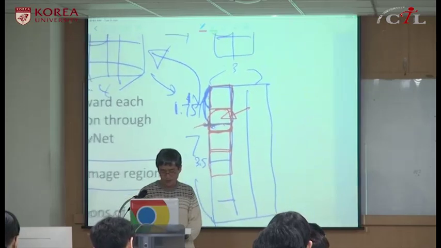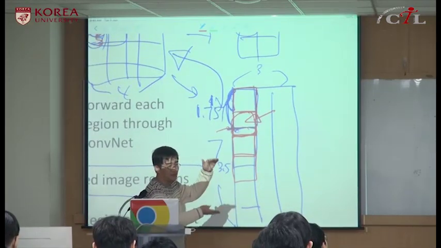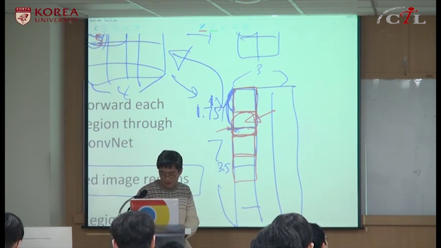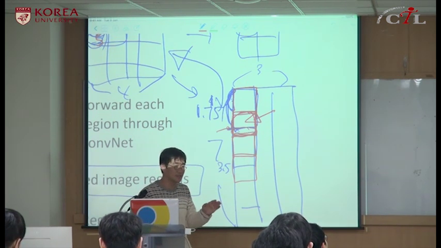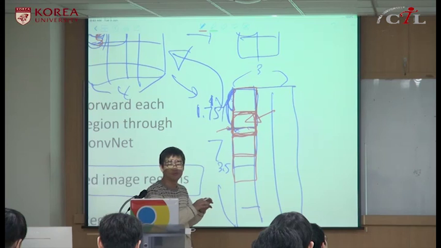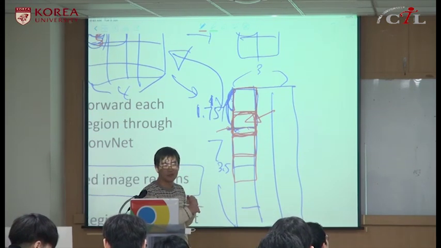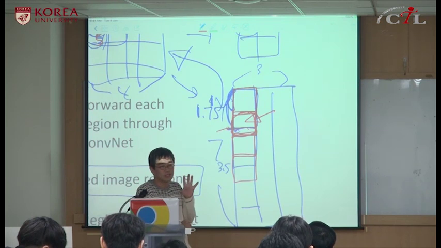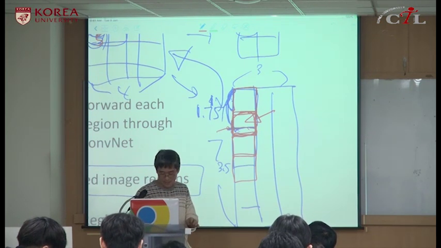Because we basically have a two-dimensional array, right? So one single pixel is not just divided by these two pixels, but it is actually divided into 4 different regions in this case.